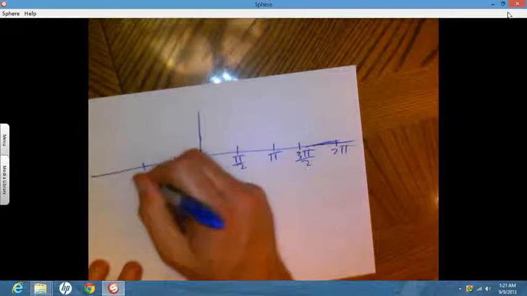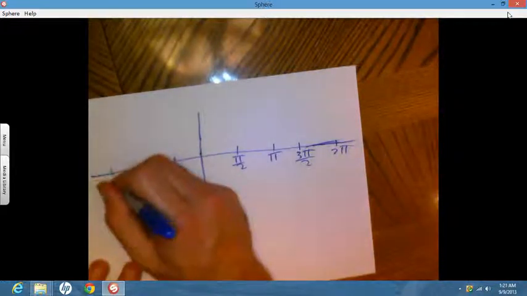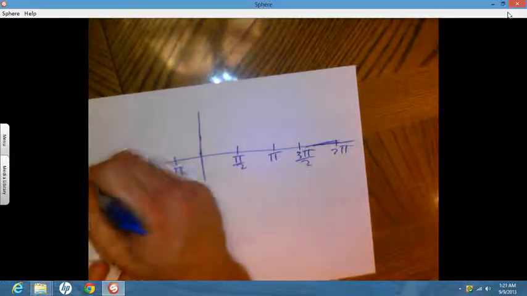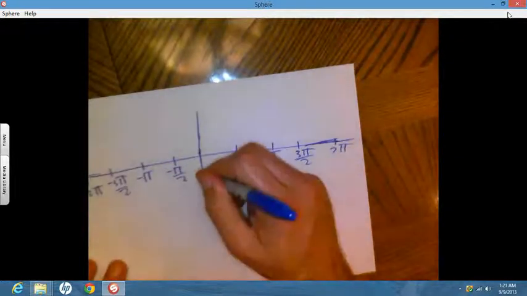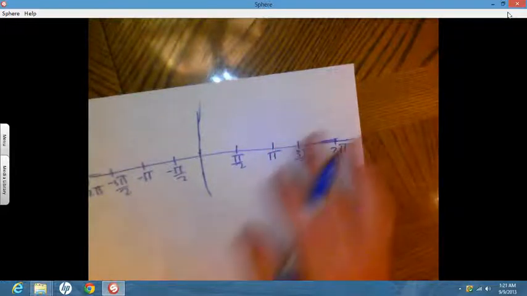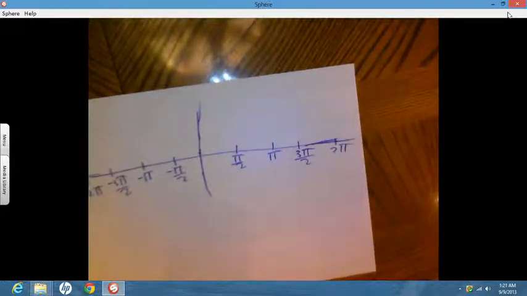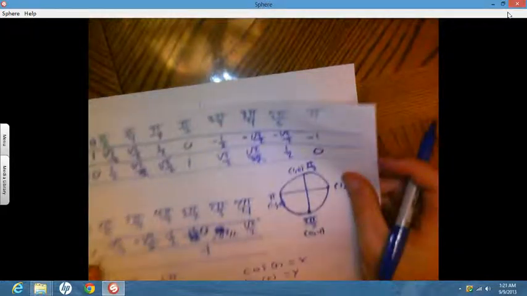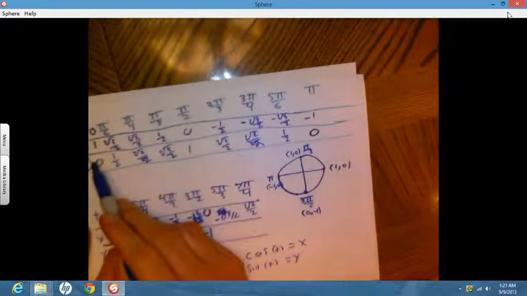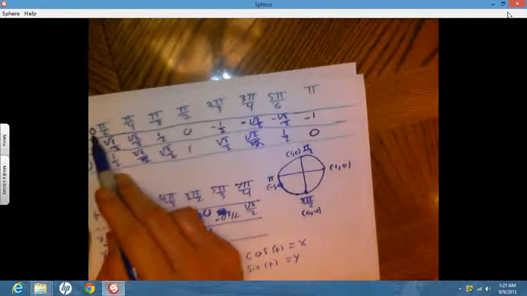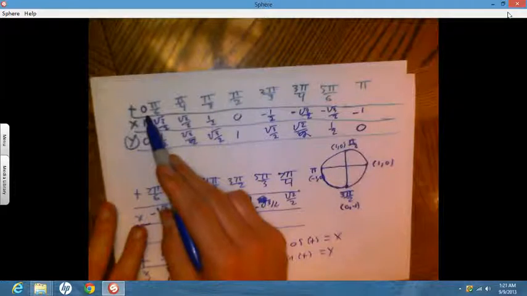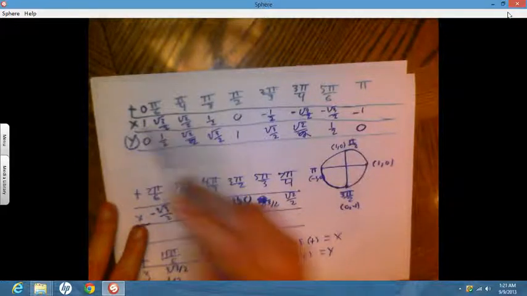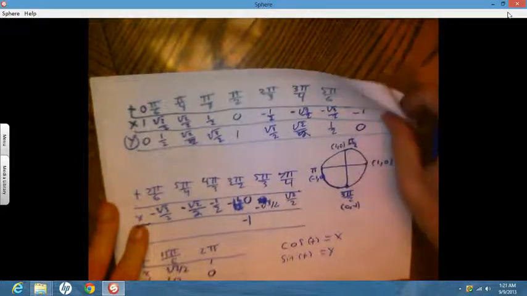Now, if we want to go to our chart again and we want to plot these, for the cosine function, we just look at the x-coordinate. Well, when we're at 0 radians, the cosine value is the x-coordinate on the unit circle, which is 1. So here we're starting at 1. And again, this is the cosine of t.